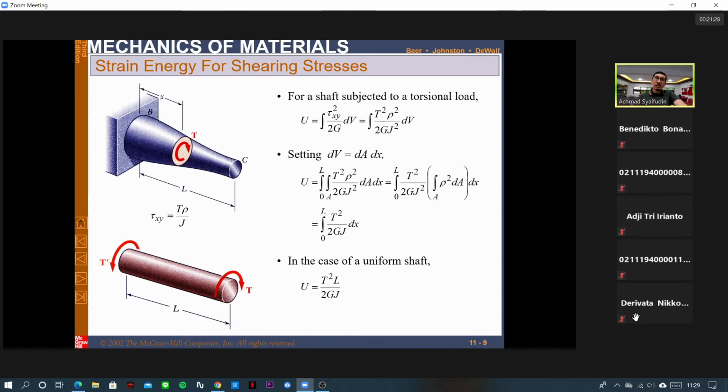You cannot use the formulation of bending load to obtain the deformation under axial loading. You cannot. So you have to use the appropriate formulation.